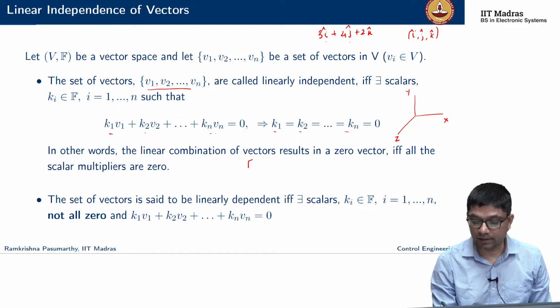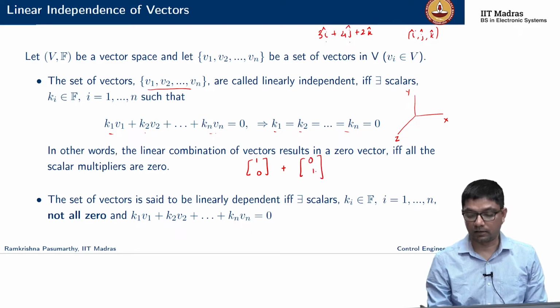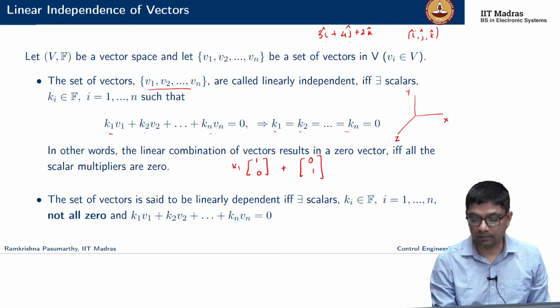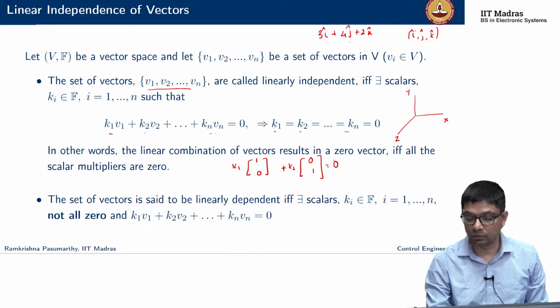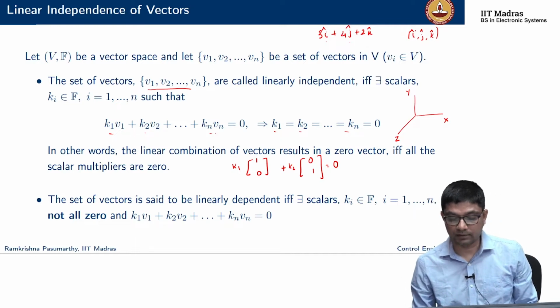So let me take two vectors, say 1, 0 and 0, 1. These are two vectors in R2. Let me say I multiply this by k1, I multiply this by a scalar k2 and ask myself when is this 0?